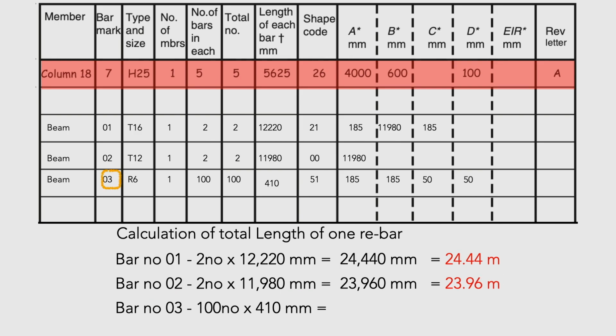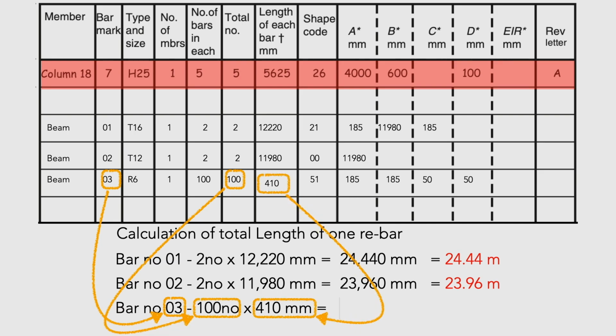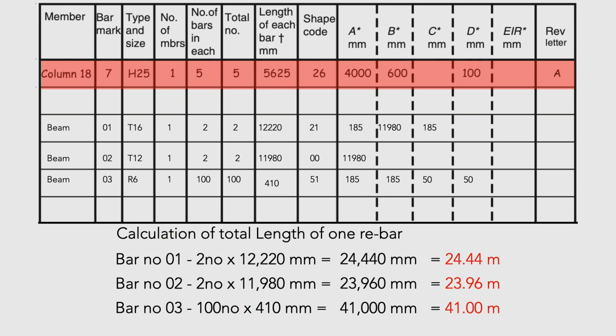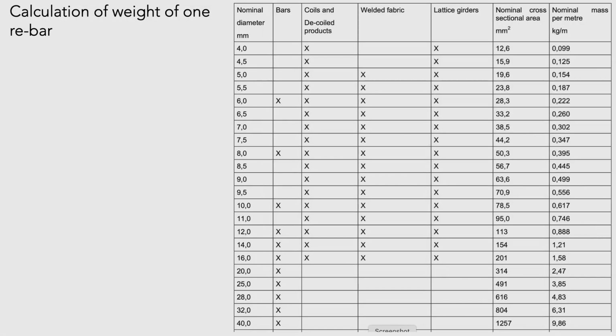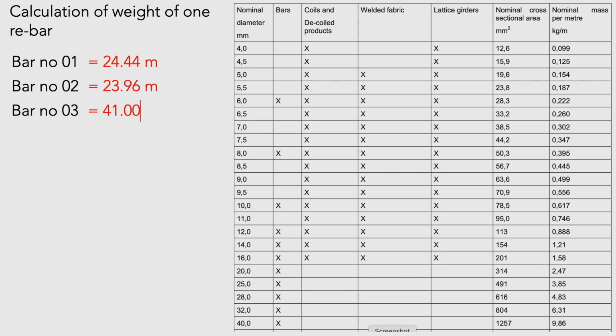This demonstration will help you to understand how to calculate total length of one reinforcement bar based on the reinforcement schedule. After calculation of cumulative length of each reinforcement bar, the value should be converted into meters.